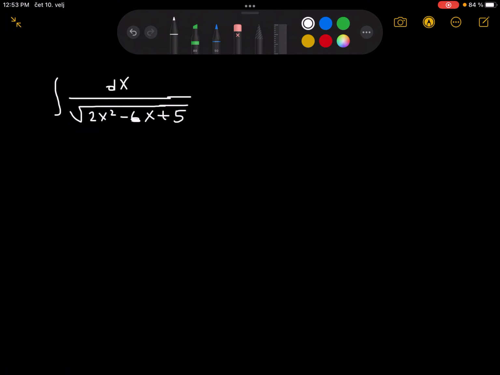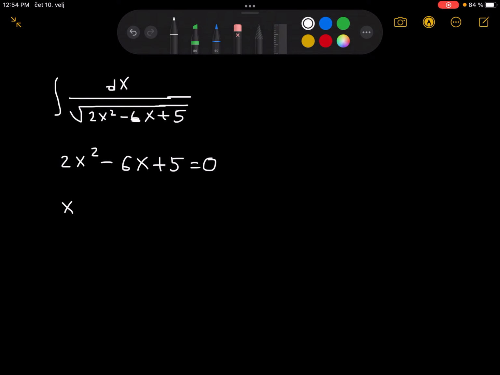First of all, let's just try and use the quadratic formula right here. So maybe we can split this up. Let's see where that gets us. So 2x squared minus 6x plus 5 is equal to 0.